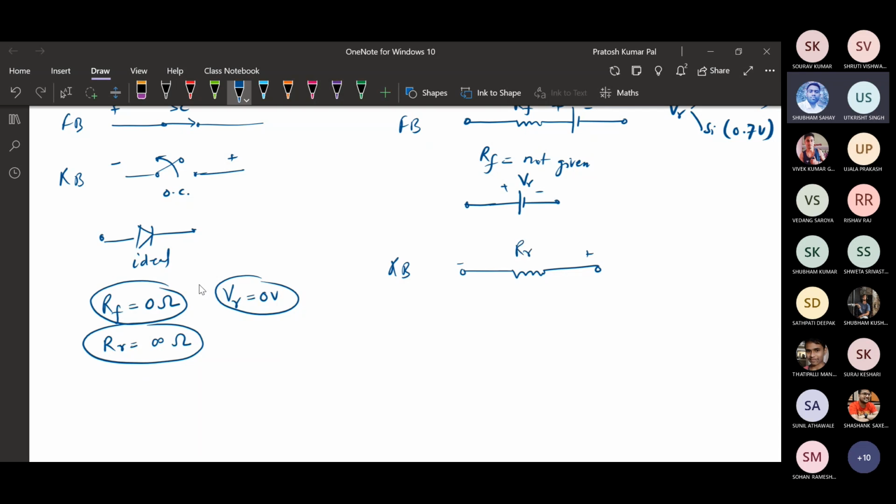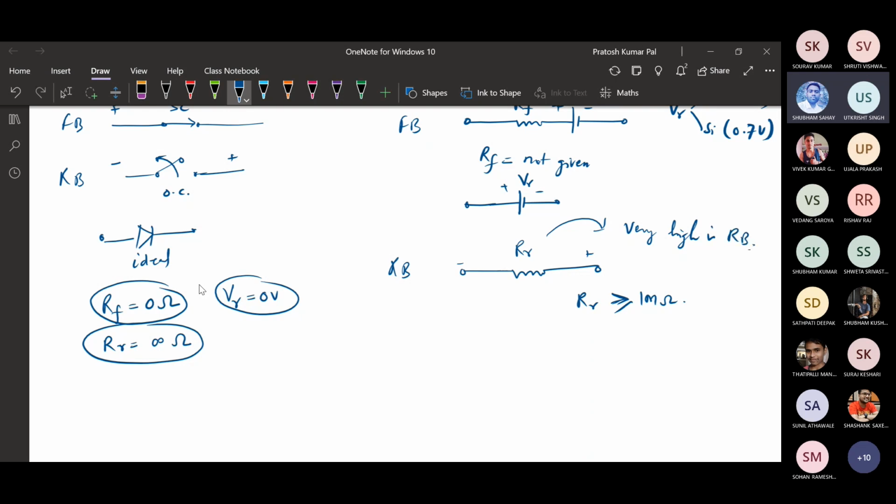This resistance will be very much greater than or equal to 1 mega ohm. So we can see this R value will be very high in case of reverse bias.